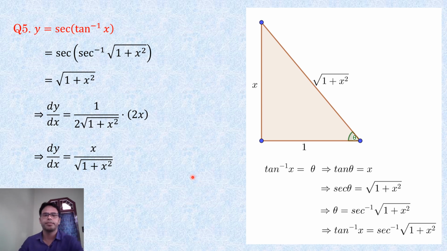You picked my point? Remember this technique: whatever terms you need, tan, sec, cot, cosec, you will get all of them once you complete the triangle here, because we know sin theta means perpendicular by hypotenuse, cos is base by hypotenuse, tan is perpendicular by base, and cosec is the inverse of sin. So you just observe the outer function, and about the outer function you convert this inner function in terms of the inverse of the outer function.